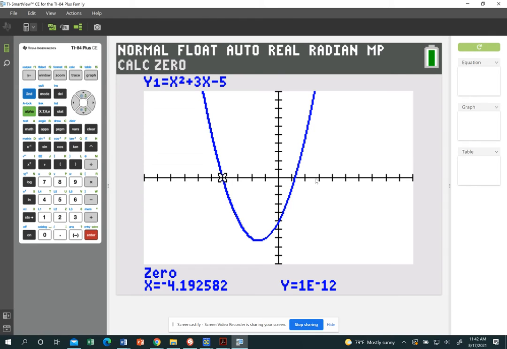So can you find this zero? Play around with your calculator, and I want you to find the other zero. Go ahead and do that.